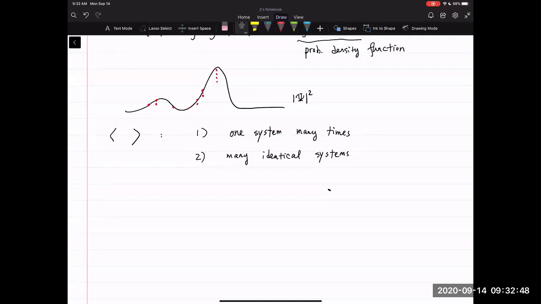So this is the so-called Born's rule, and it applies not only to the location of the particle, but in fact to all quantities. After we get the wave function, we can ask what the energy of the system is. If you measure the energy of the system, what do we get?